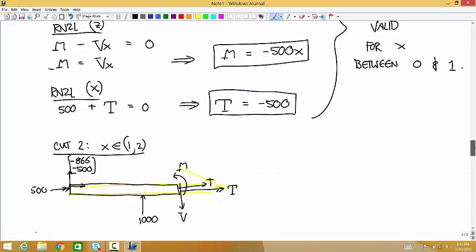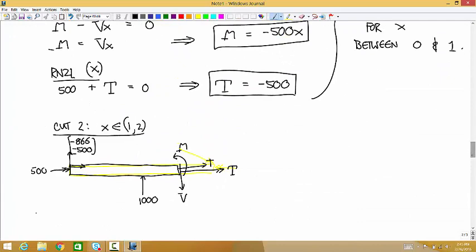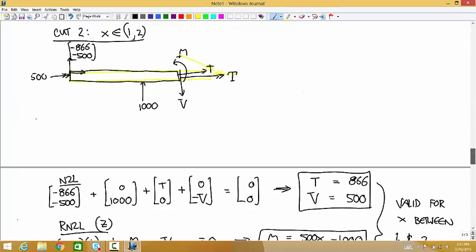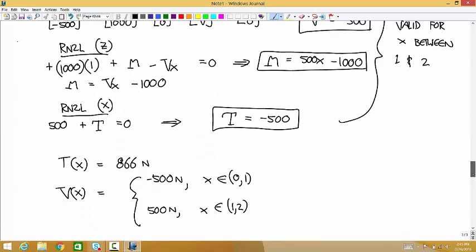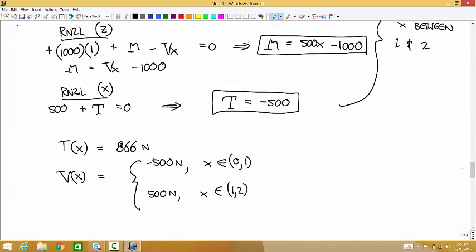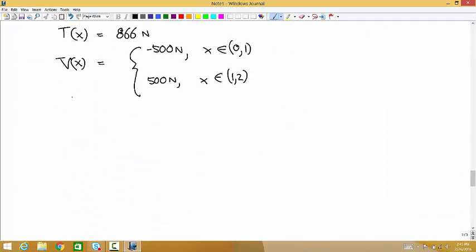The bending moment. No thanks. Oh, sure. You do?